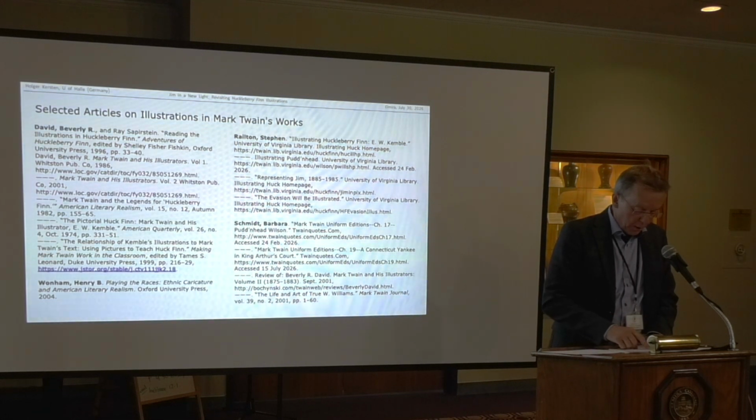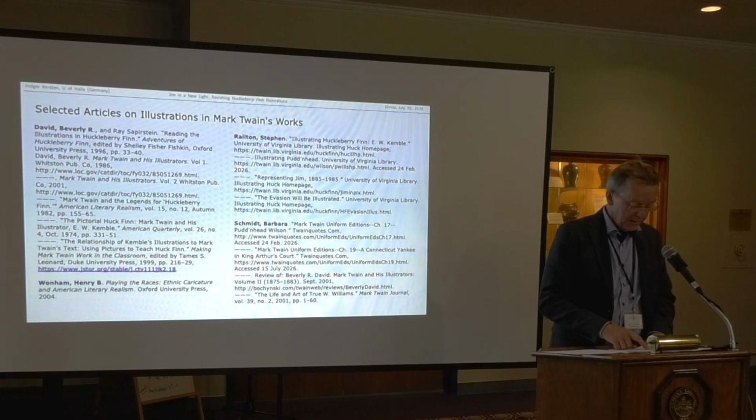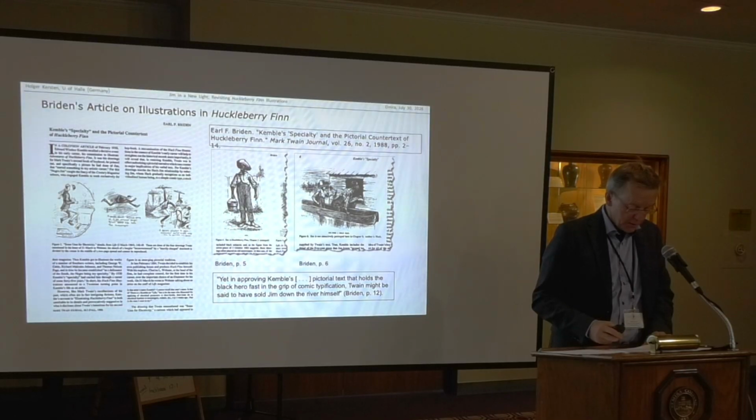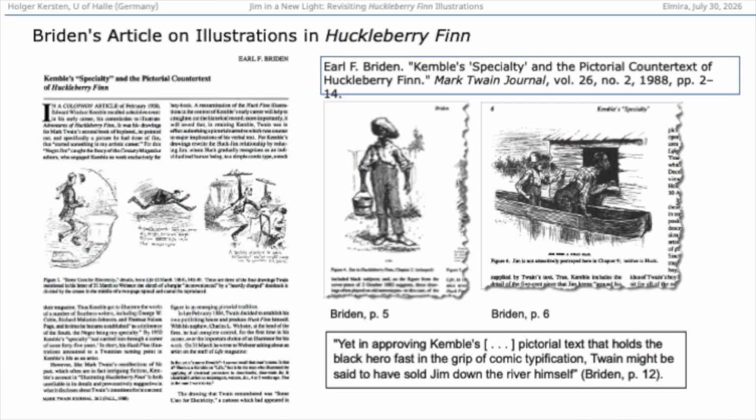At the same time, a survey of the body of this scholarship reveals a striking pattern. Although almost all of Mark Twain's books were profusely illustrated, discussion has focused overwhelmingly on Adventures of Huckleberry Finn, and more specifically on the visual representation of Jim. In this context, Earl Briden's influential essay from 1988 on Kemble's images has played a significant role in shaping subsequent interpretations of the illustrations in Huckleberry Finn.